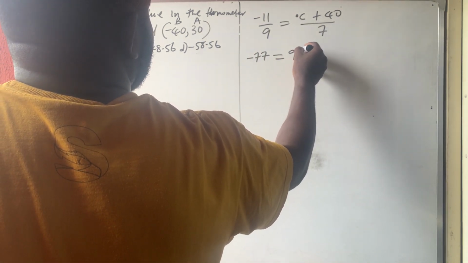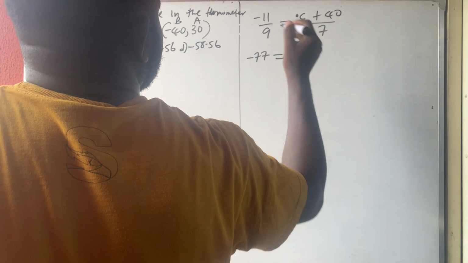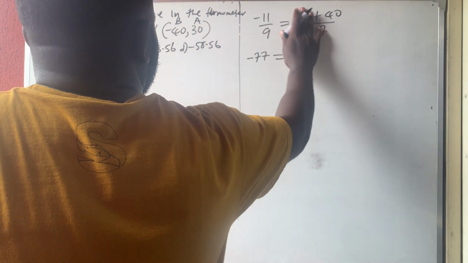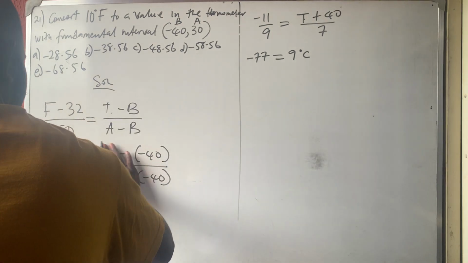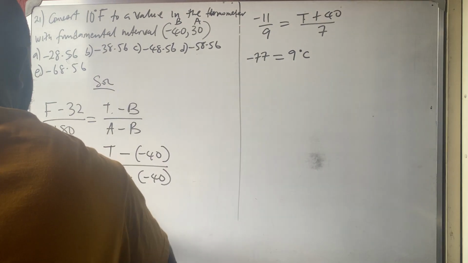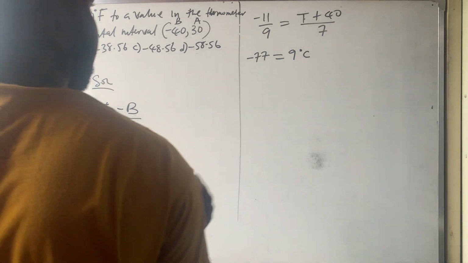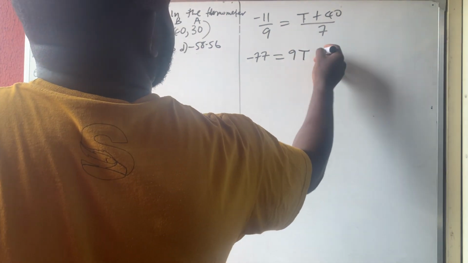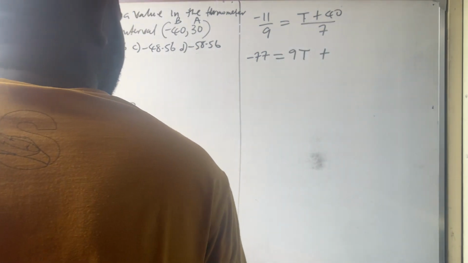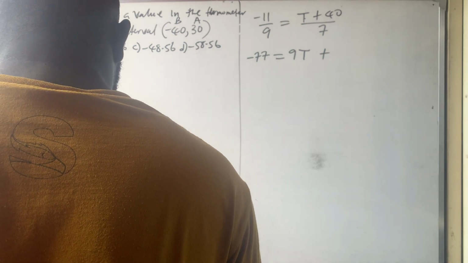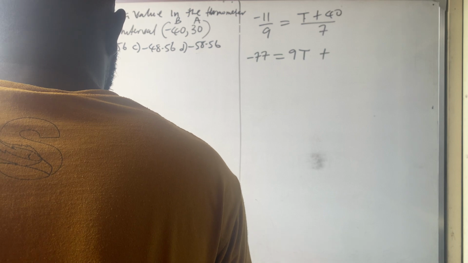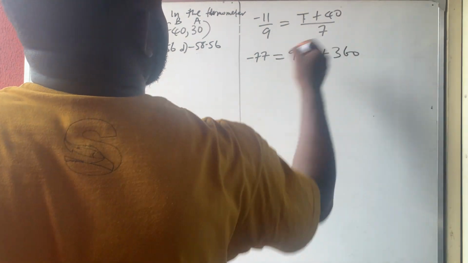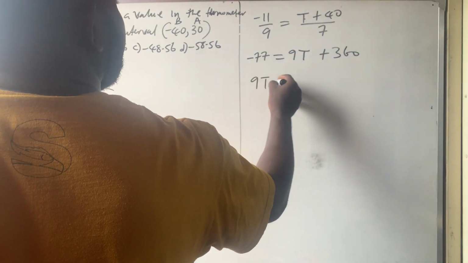9 degrees Celsius, or let me call it temperature. Let me just call it temperature because it will look as if temperature in degrees Celsius. 9 temperature plus 40 times 9. 40 times 9, so I have 360. So 9t will now be what?